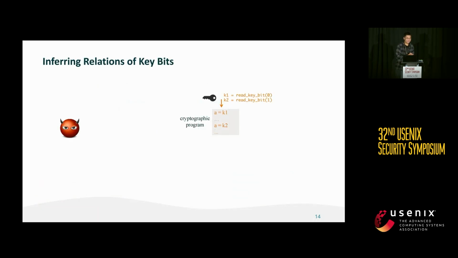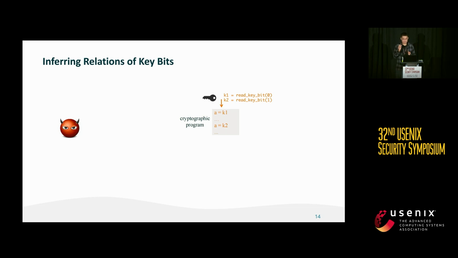Okay, now let's see how an attacker can infer relations of key bits by ciphertext side channels. Consider this cryptographic program, and there are 2 memory writes towards the same variable A. The first one writes A with key 1. Key 1 is the first key bit of a secret key. And the second writes A with key 2.